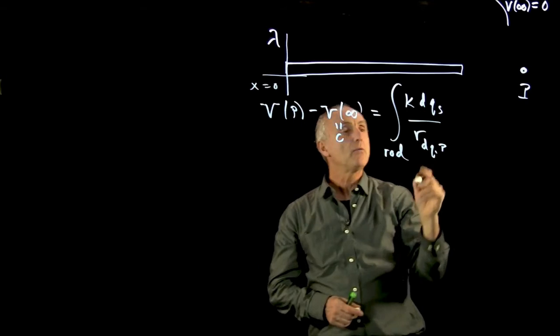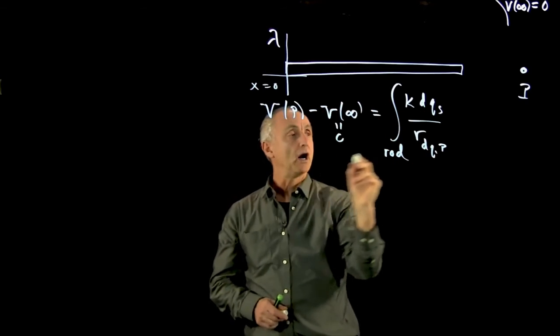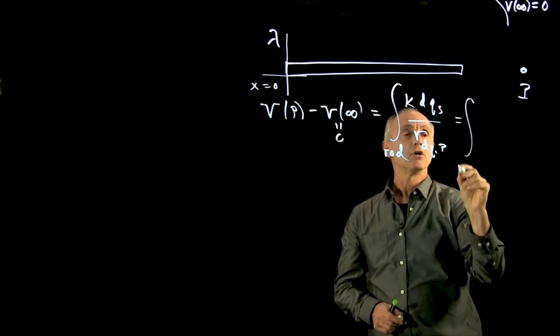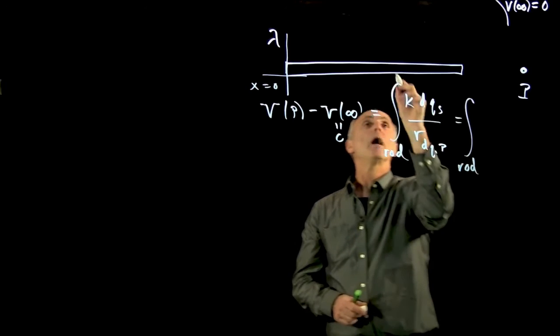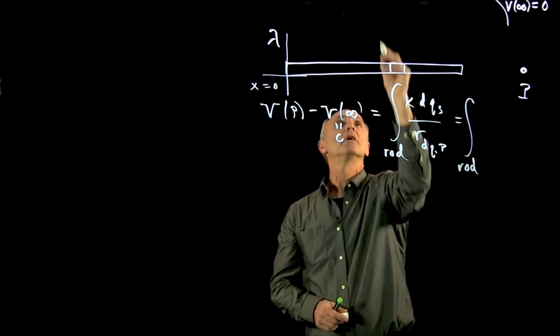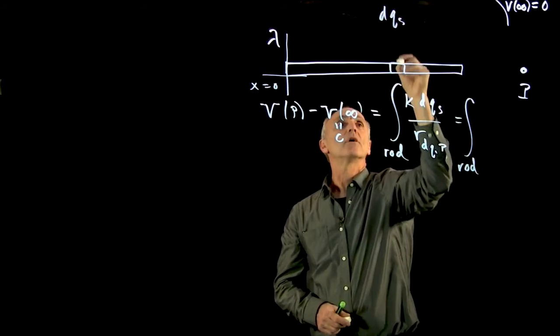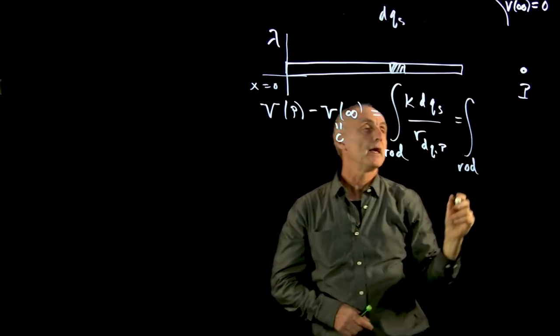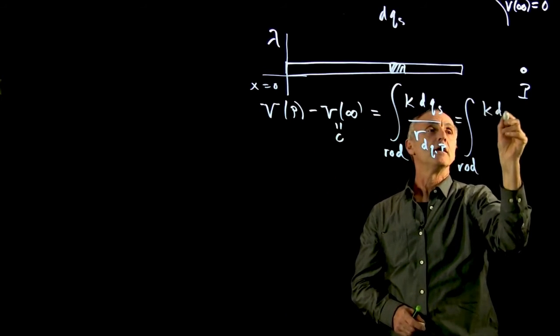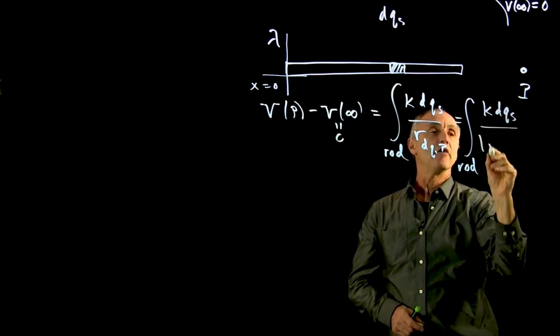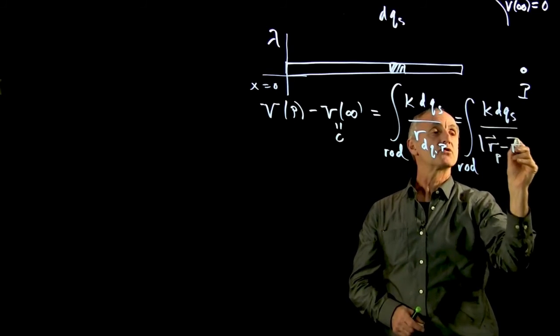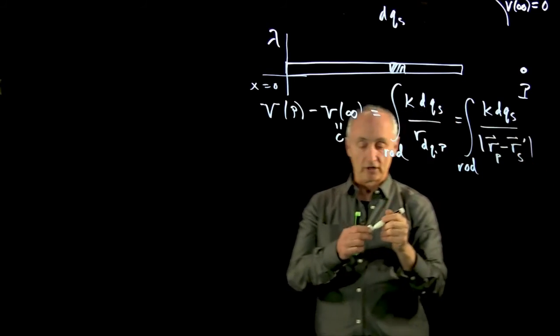And now I want to show you another way that we've written this, just so that you can see it. I'm going to pick a little element dq_s right there. And we wrote this as k dq_s over a field point vector minus a source vector, that was our integration vector.